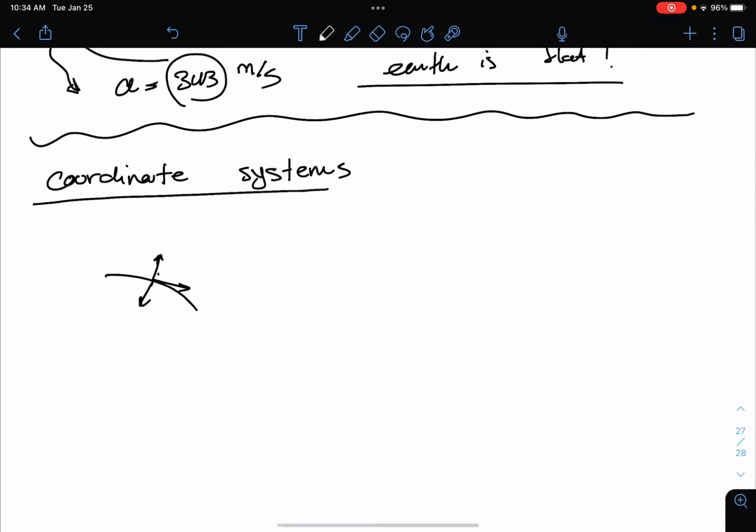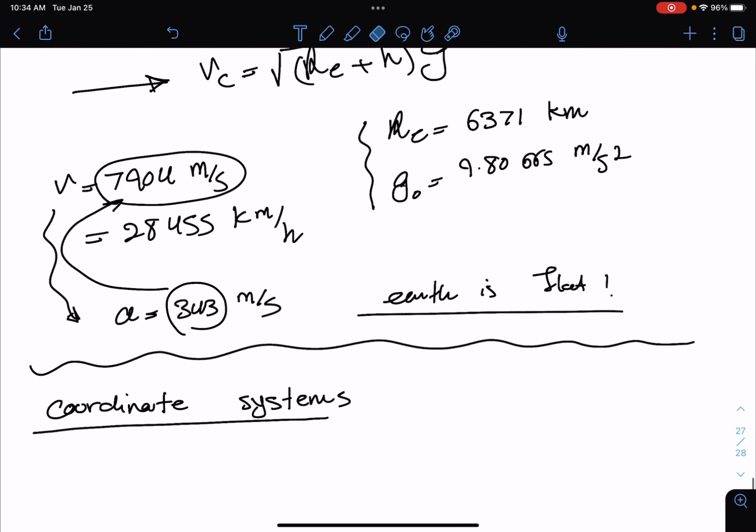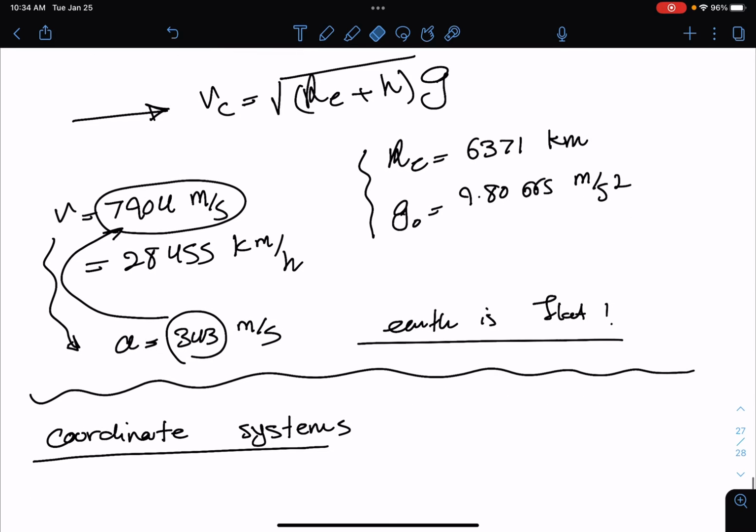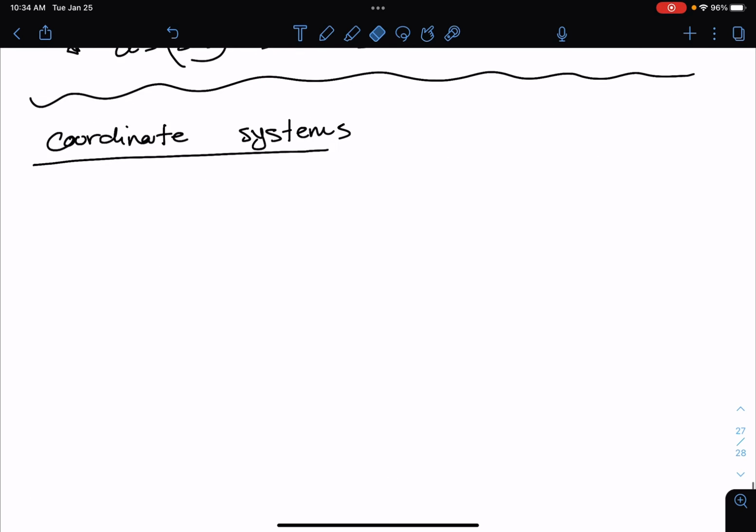So we are going to start from here and then come up with new coordinate systems that are going to characterize our flights and its relationship to the Earth's surface. Okay? Let's do that. So, first coordinate system is the Earth axis system.